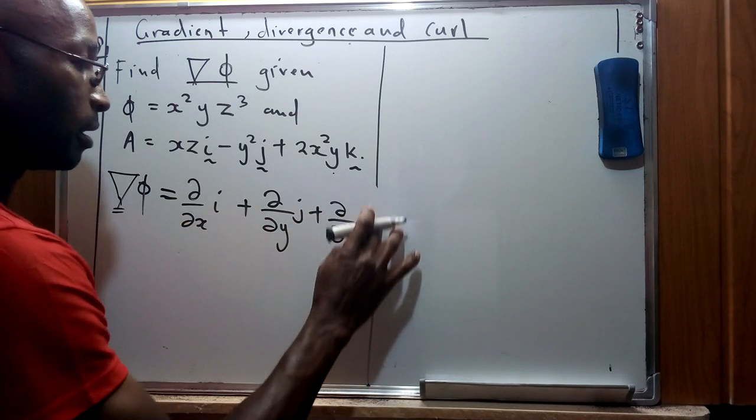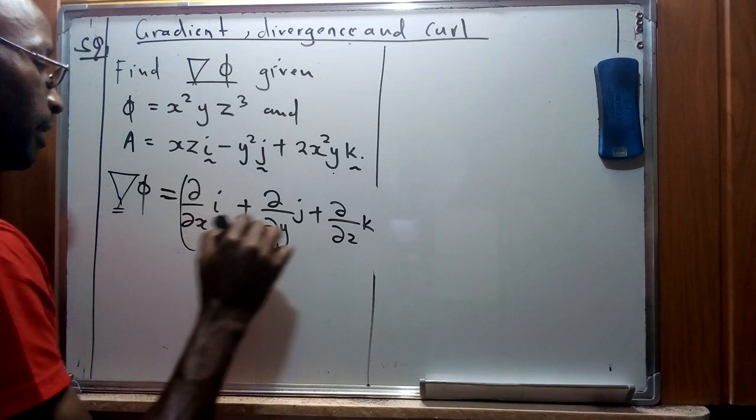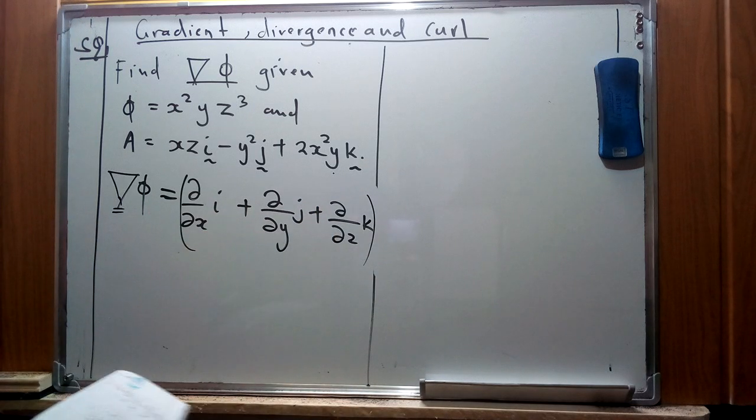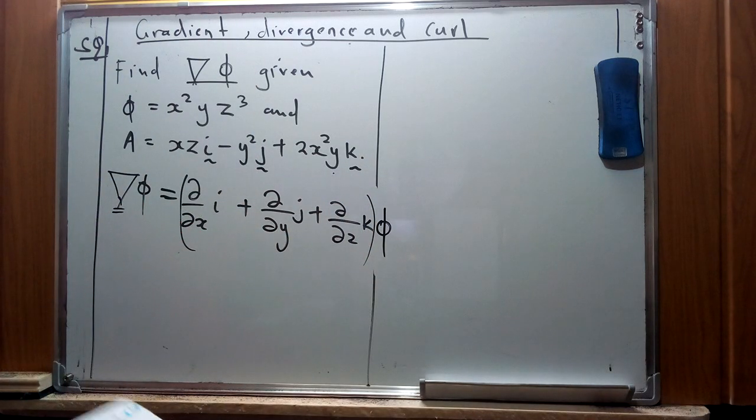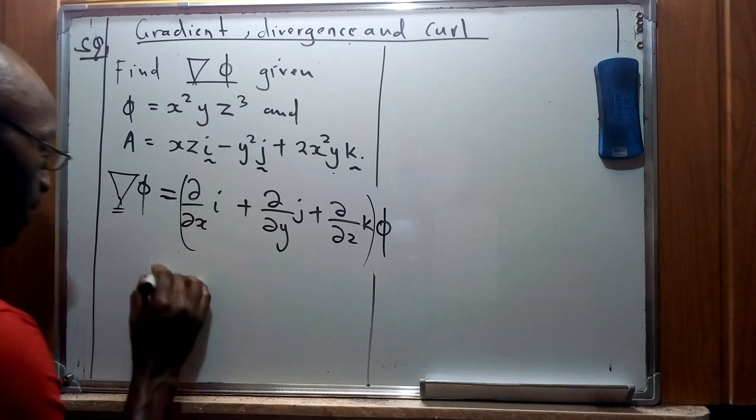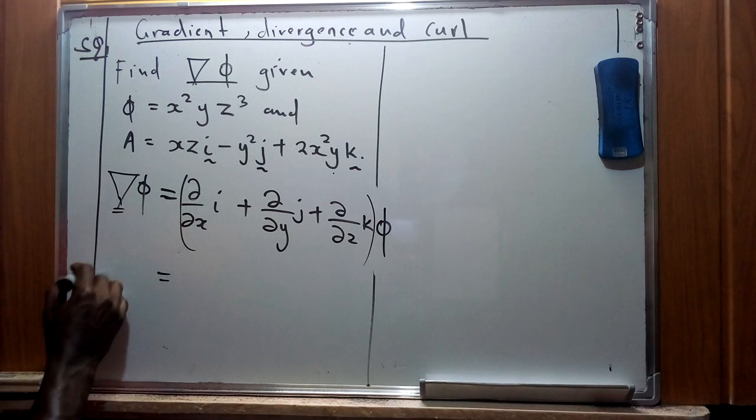Now basically this one represents del, and this is given as del phi. So therefore we are going to do a substitution for that, by merging this specific equation. So this is the first step.